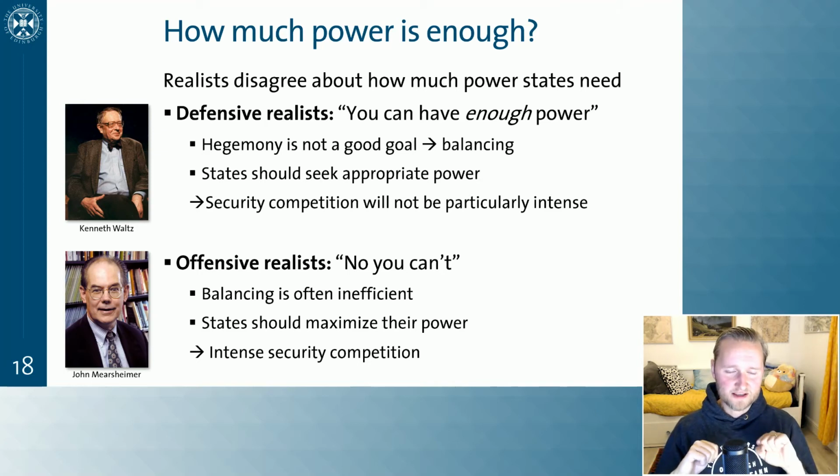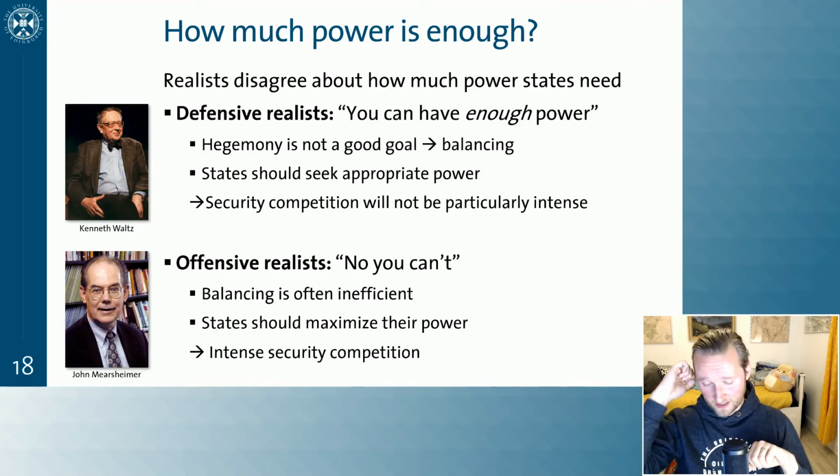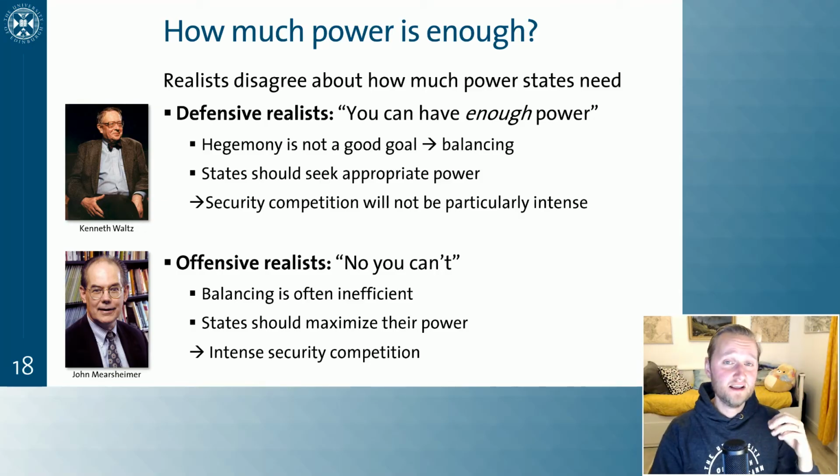And then you have people like our old buddy John Mearsheimer, who, as an offensive realist, does not think that there is such a thing as enough power. And that is because he believes that even if others are trying to balance against you, that's often inefficient. They often don't do the best possible job. After all, they can't really trust each other. So it's really just an enemy of my enemy is my friend kind of situation.